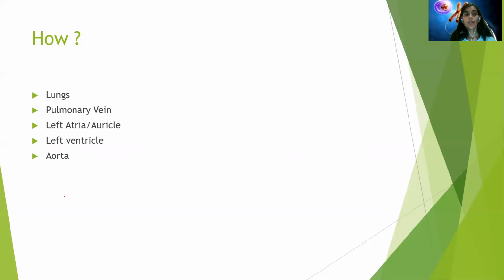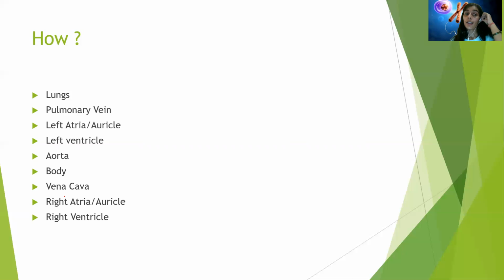When it reaches the body, it gives oxygen to every part of the body. In return, the body gives carbon dioxide-rich blood. That blood is carried by the vena cava and ultimately pours the deoxygenated blood into the right atrium of the heart. From the right atrium, it goes to the lower chamber, the right ventricle, and from the right ventricle it moves to the lung through the pulmonary artery.